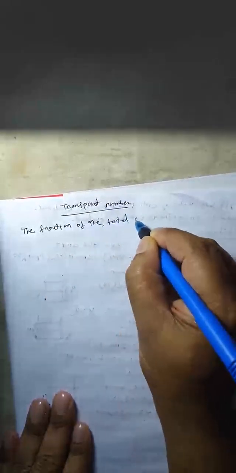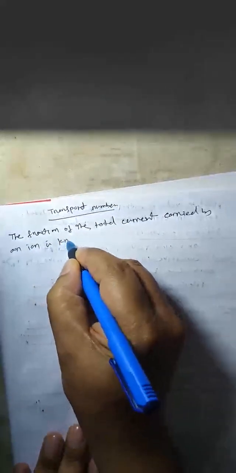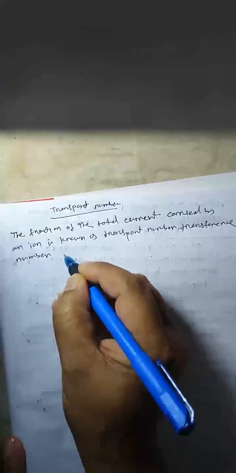Transport number means the fraction of the total current carried by a cation or an anion, or an ion, is known as the transport number, or transference number.